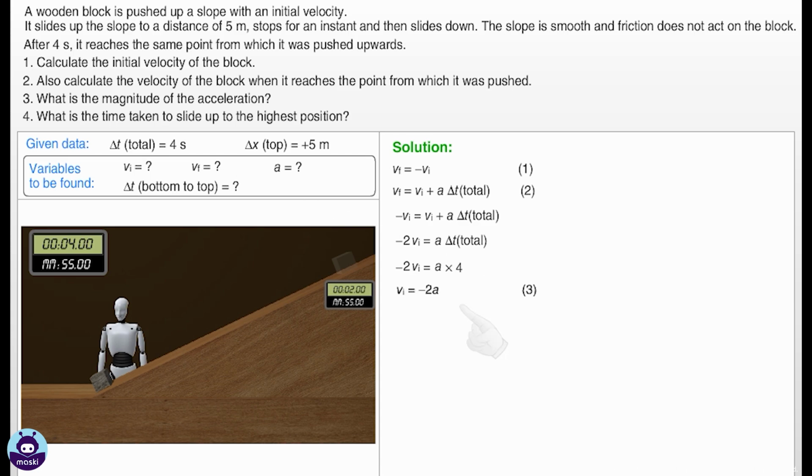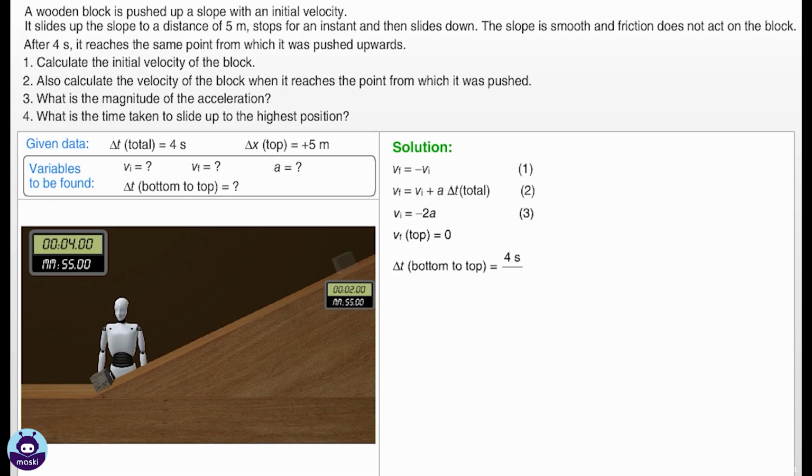Note here that we have retained the acceleration as a, even though it is directed towards the bottom of the incline. The final solution will give us the direction of the acceleration. Now, we consider the motion of the block from the initial position to the highest point. The initial velocity is the same as the initial velocity for the entire motion, and the final velocity is 0 at this point.